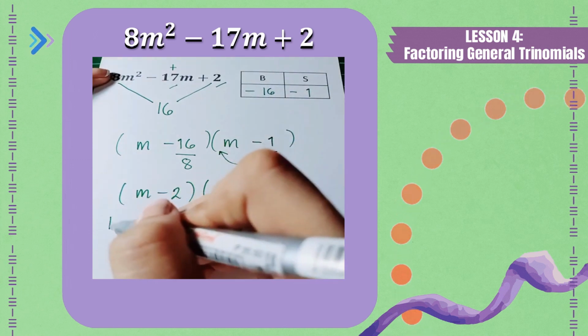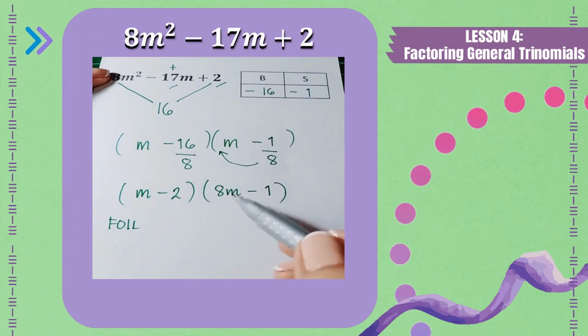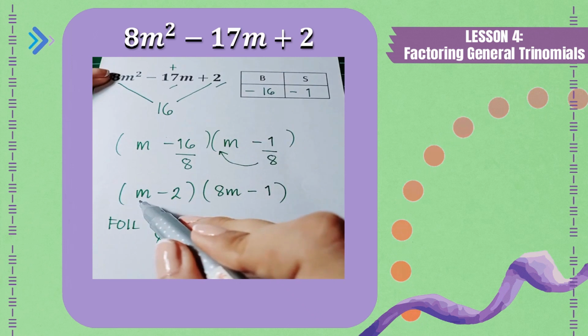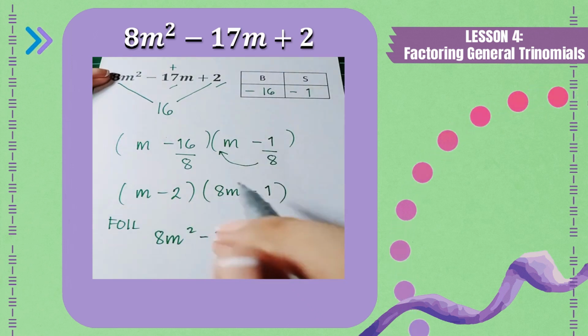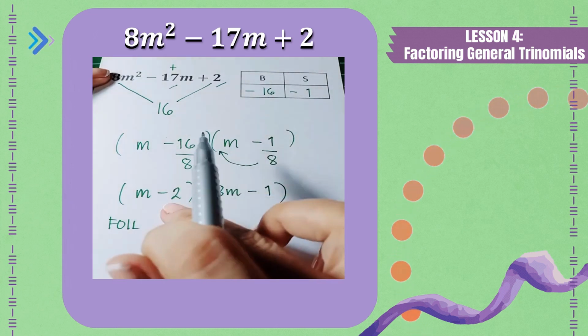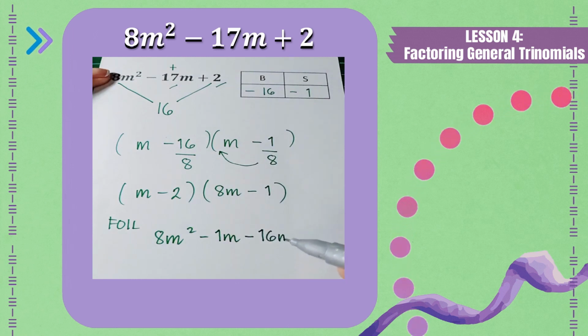So, let us check using FOIL method. First terms, m times 8m is 8m squared. Outer terms, m times negative 1 is negative 1m or simply negative m. Then, inner terms, we have negative 2 times 8m, so negative 16m.